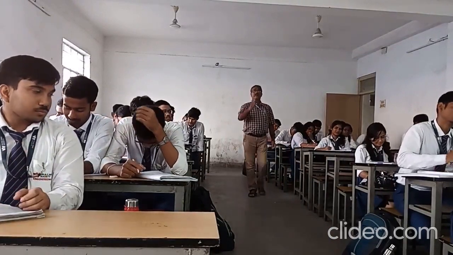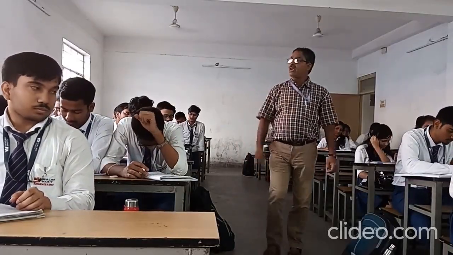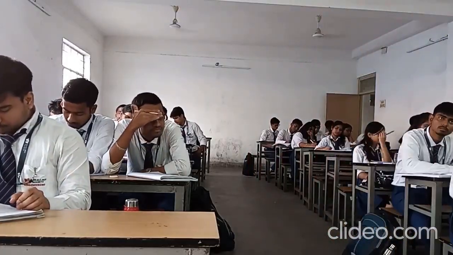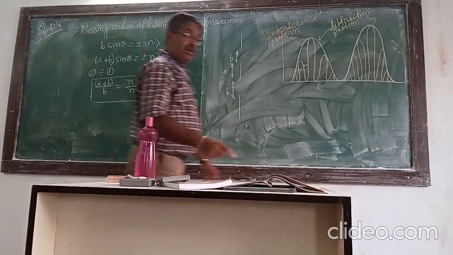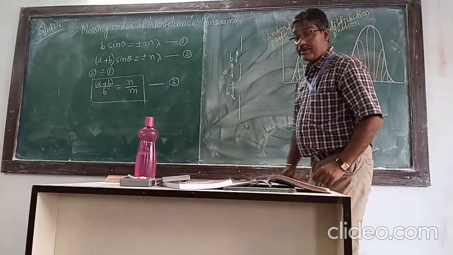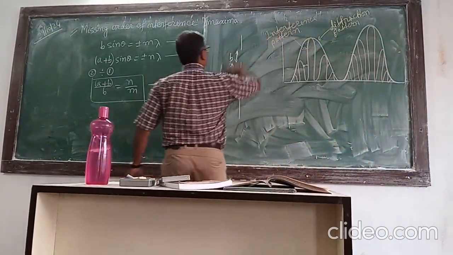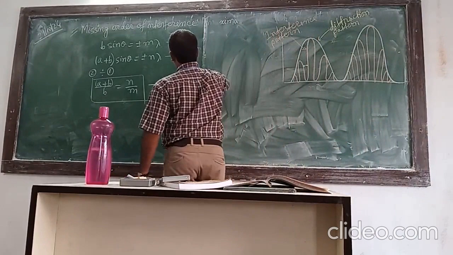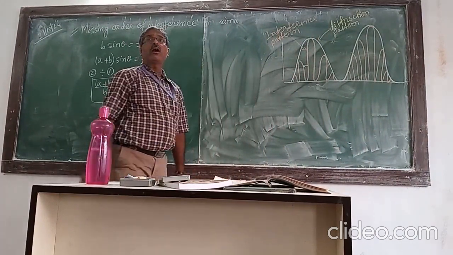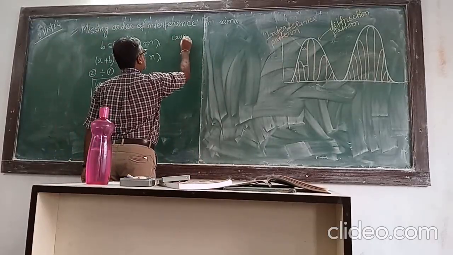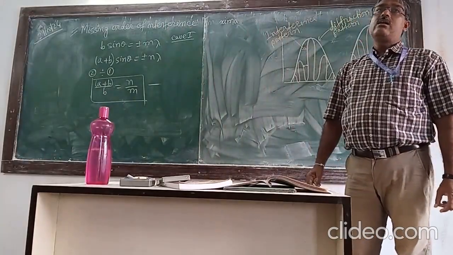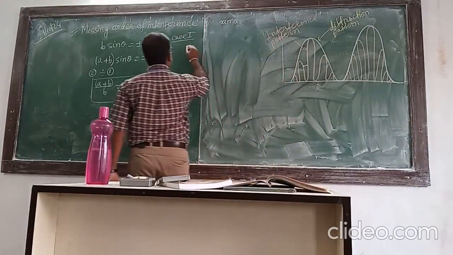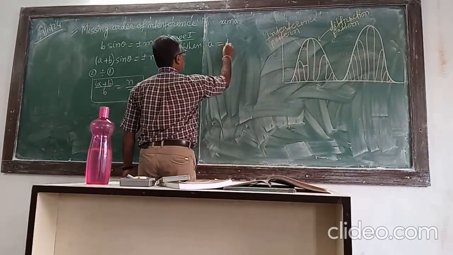Now we have to find out for the first order, second order, like that. Case 1: when A equals B. Why?